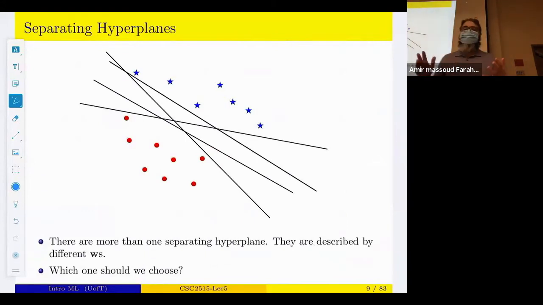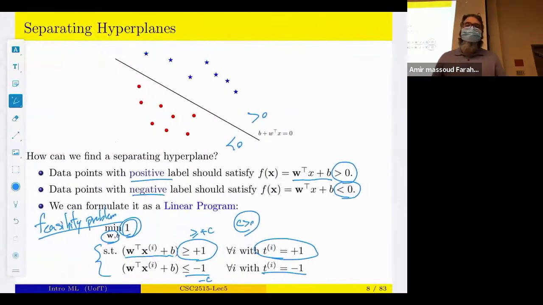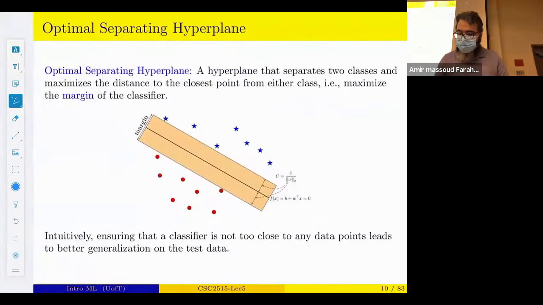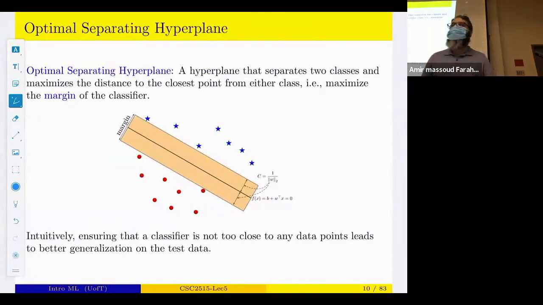As I mentioned before, this solution just gives one W, but there are infinitely many ways that can separate these points, and the question is which one to choose. You gave some ideas before. Here the idea is what is called the optimal separating hyperplane.